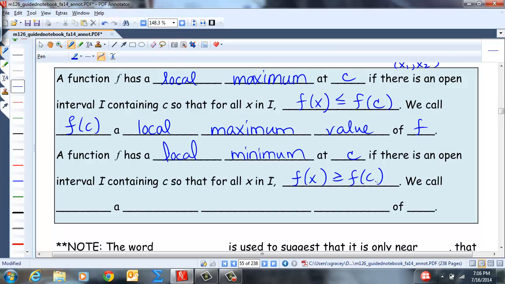So all the y values are above or equal to the function evaluated at this input value c. We call f at c, in this case, a local minimum value of f.